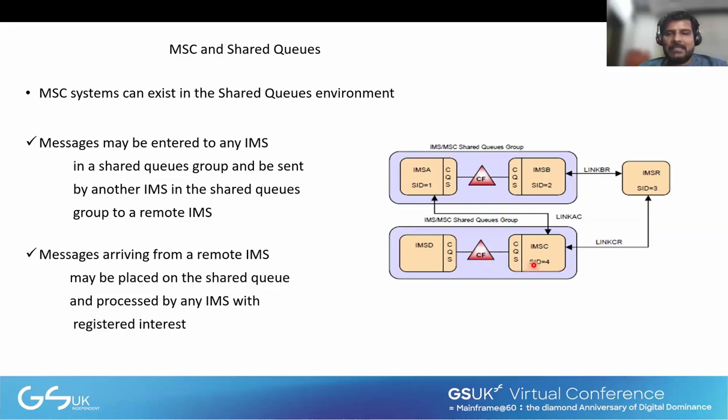Then IMSC can pick this message and send it to the remote IMSR for processing through MSC link CR. Similarly, IMSB can receive messages from remote IMSR and place them into shared queues, and IMSA can pick this message and process it.